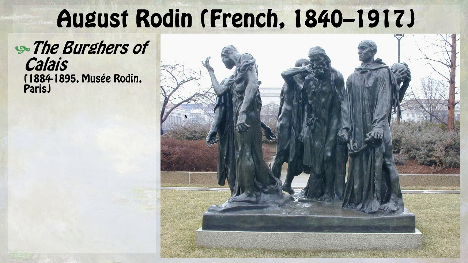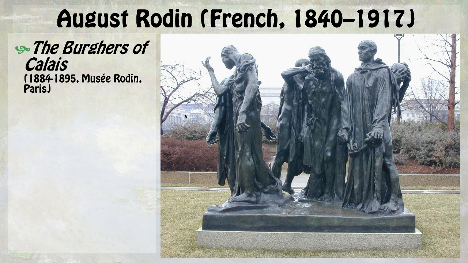This grouping of figures is another kind of quietly heroic image. It is an illustration or a reproduction of a scene from French history from back in the late Middle Ages, when the city of Calais, along the northwest coast of France, was under siege by the English under King Henry V, who was laying claim to a big chunk of France.